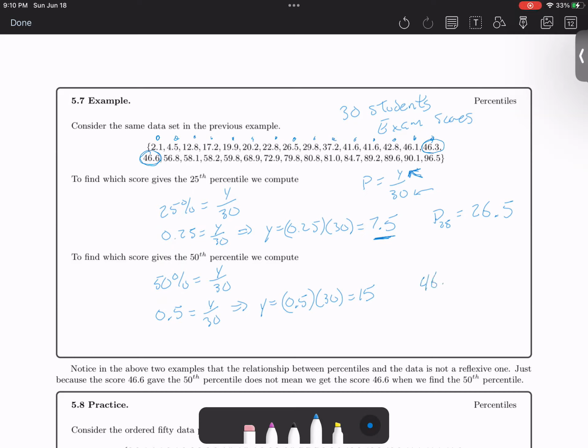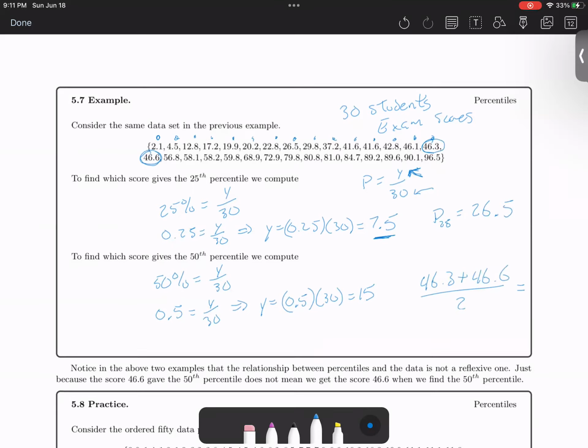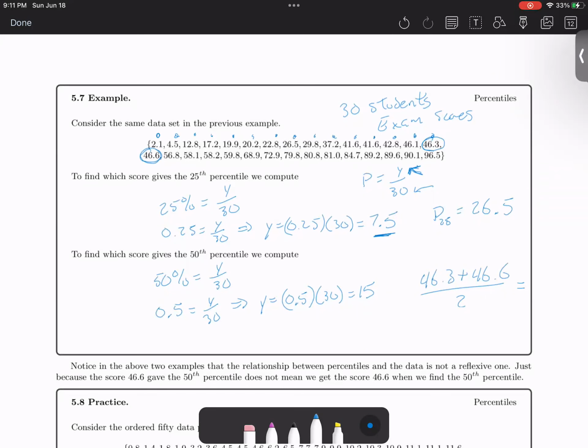So the average of 46.3 and 46.6 gives us 46.45. So we'll say that the 50th percentile is marked by the score 46.45.